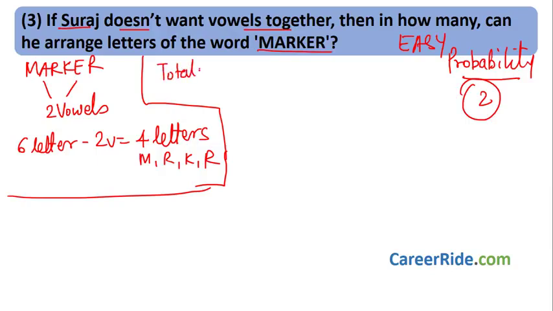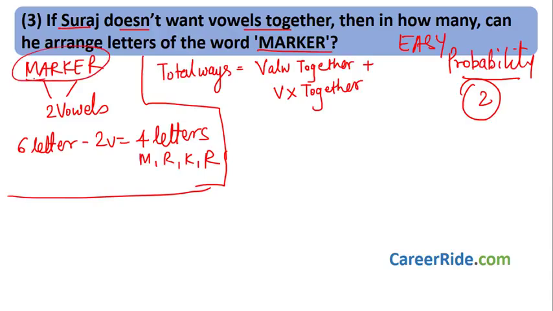The total number of ways in which we can arrange the word is nothing but the ways in which we can arrange so that the vowels are always together, plus the ways in which vowels are never together.